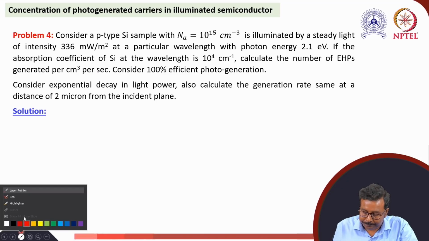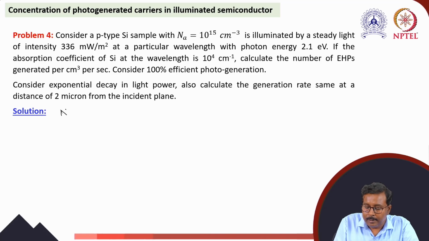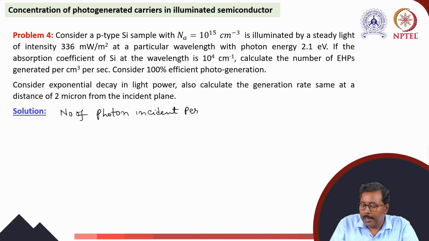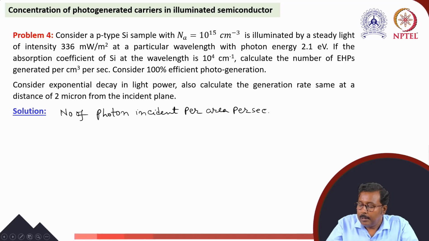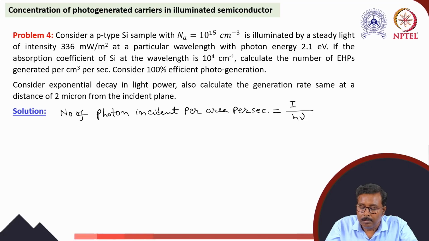The number of photons incident per area per second is equal to intensity I by h nu, where h nu is the photon energy at the particular wavelength which is considered here.